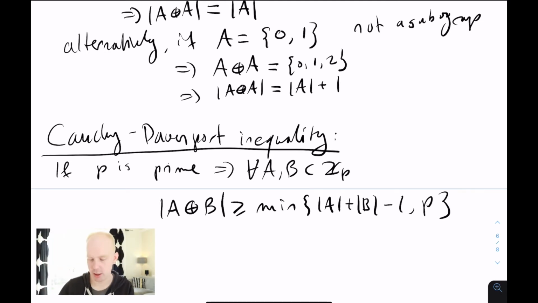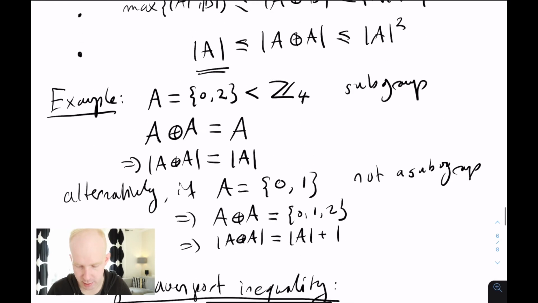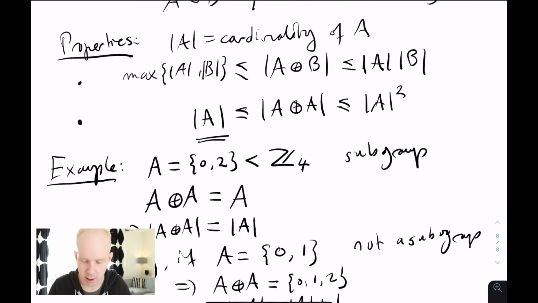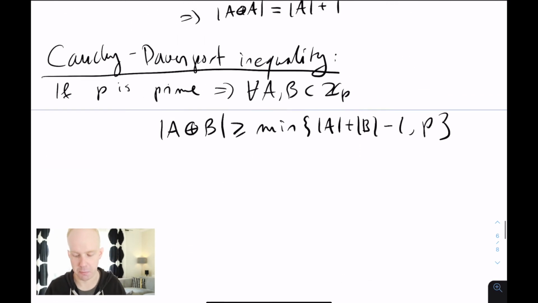The proof of this is not in the lecture notes, but I put a reference if you want to see it. It's an improvement over the trivial inequality that we have here, which allows you to bound these things from below.